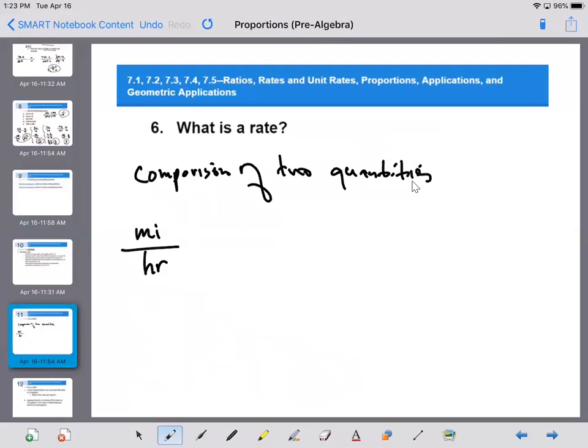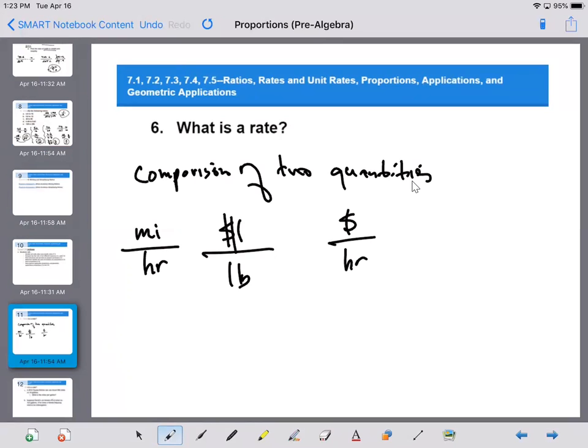We could say pounds per ounce, or I'm sorry, pound. We could say dollars per pound. We could say dollars per hour. Some people have hourly jobs, some people are salaried, so you've got different ratios and different rates.